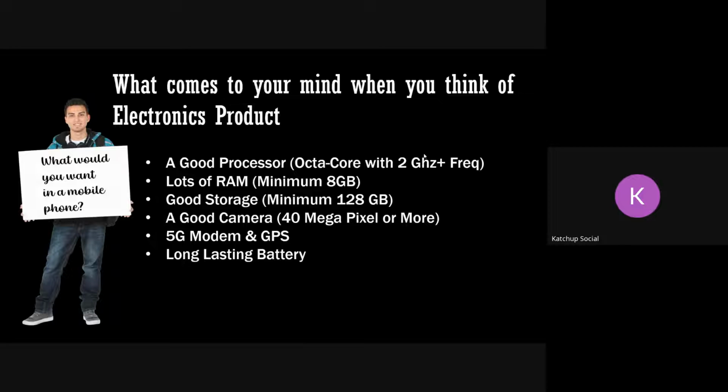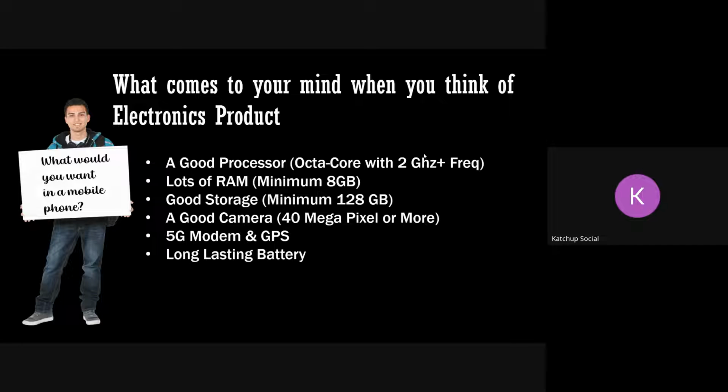Think about what you would want in a mobile phone, right? You want your mobile phone to be fast, that corresponds to a good processor, lots of RAM, that corresponds to memory. You want to play games, you want to store a lot of photos, so that corresponds to the disk size. You want to take good photos, that corresponds to the camera.